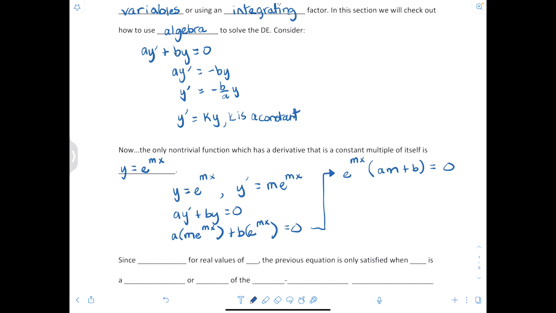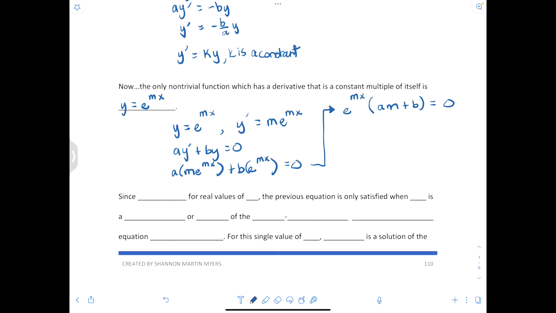Cool? All right, so since e raised to the m times x is never 0 for real values of x, this previous equation is only satisfied when m is a solution or root of the first degree polynomial equation a times m plus b is equal to 0.